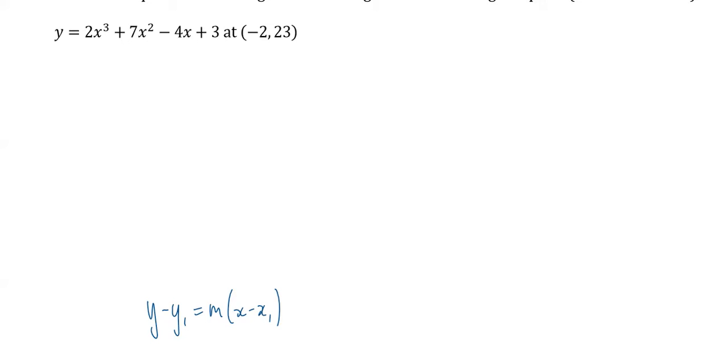Back in grade 9, this is probably the hardest thing that you do, finding equations of lines. And the input of this formula is a point and slope. A point on the line that you're trying to find the equation of, which in this case is a tangent, and the slope of the line. So in this case, that's the slope of the tangent.